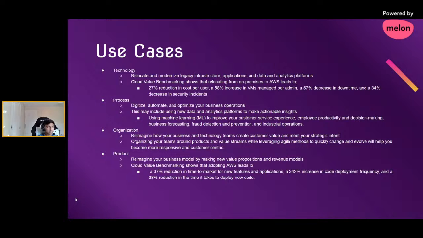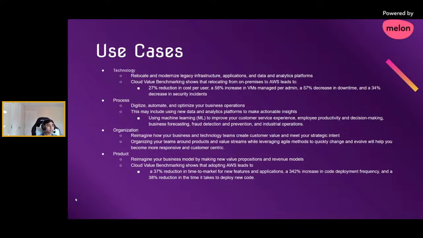A fun statistic over here states that cloud value benchmarking shows that relocating from on-premises to AWS actually leads to a 27% reduction in cost per user, a 58% increase in VMs managed per admin, a 57% decrease in downtime, and a 34% decrease in security incidents. So just some statistics to keep in mind while considering CAF.